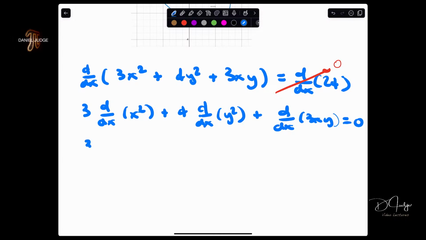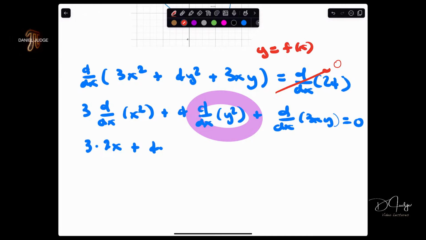So we have 3 times 2x plus 4 times this derivative. Again, because this is a relation, y is not constant. Y is a function. So remember, we assume y is f of x. Now, what that really means is we're going to have to use chain rule. And by chain rule, this is 2y times y prime.